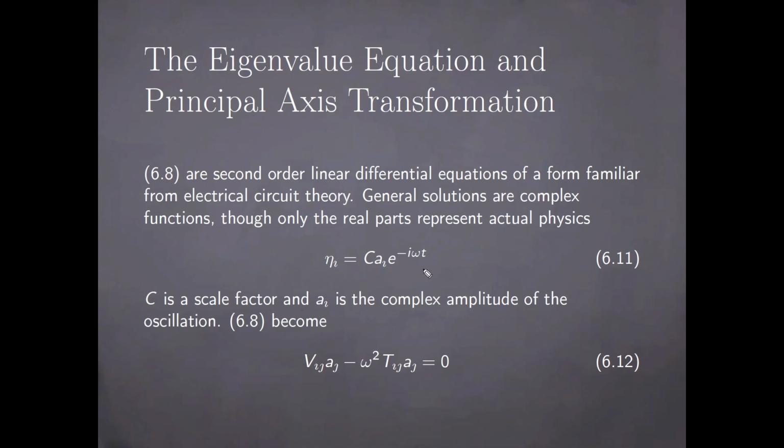And plugging these solutions into the set of 6.8, we obtain the corresponding set of algebraic equations given here for the complex amplitudes, the elements of the operators v and t, and the squared frequencies.